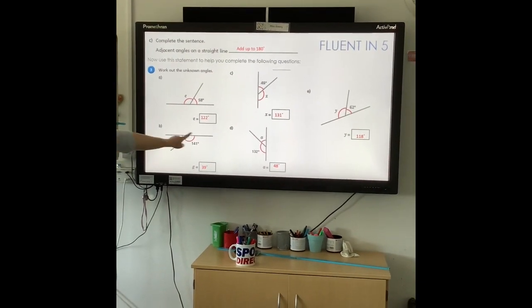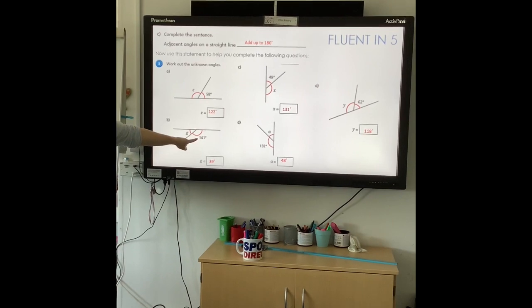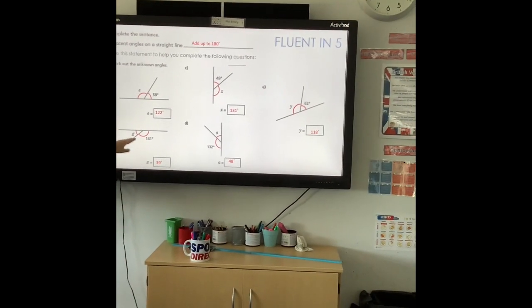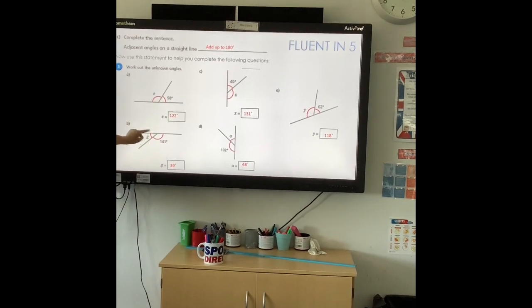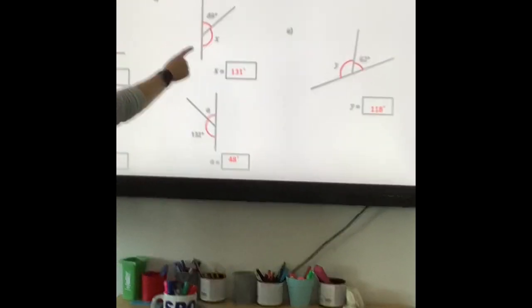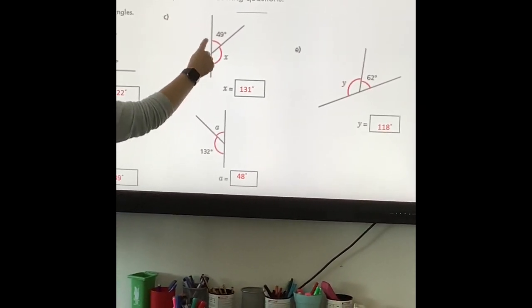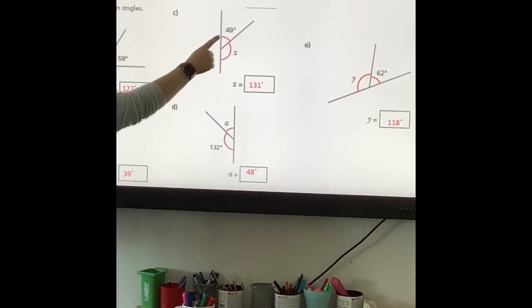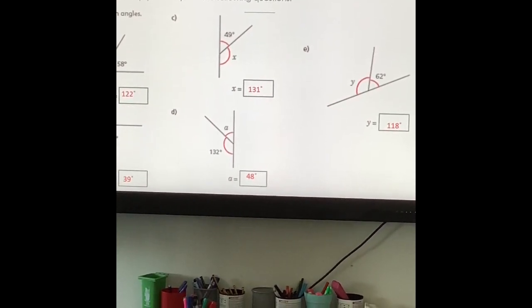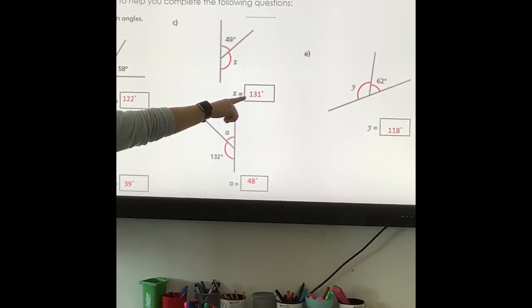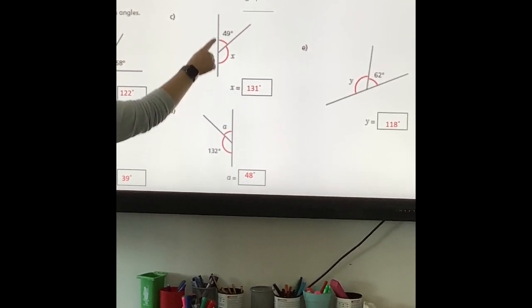B, if you had 180 and you took away 141, you get 39, because 39 and 141 together make 180. Over here, you know both of them together make 180. You've been given 49, so 180 take away 49 gives you 131 degrees, because if we added those together, that would come to 180.